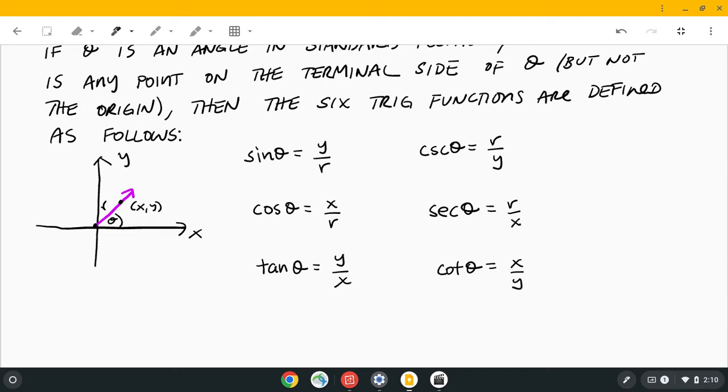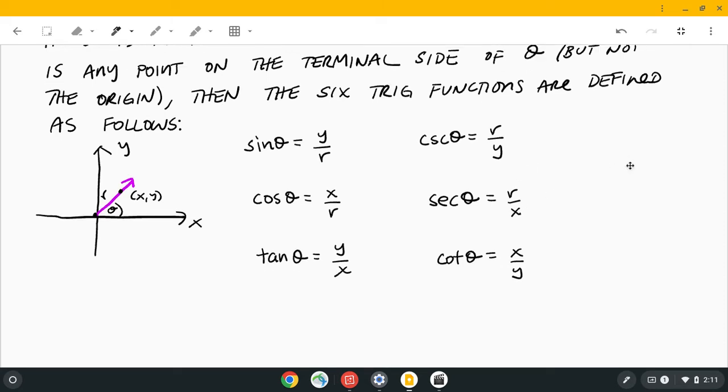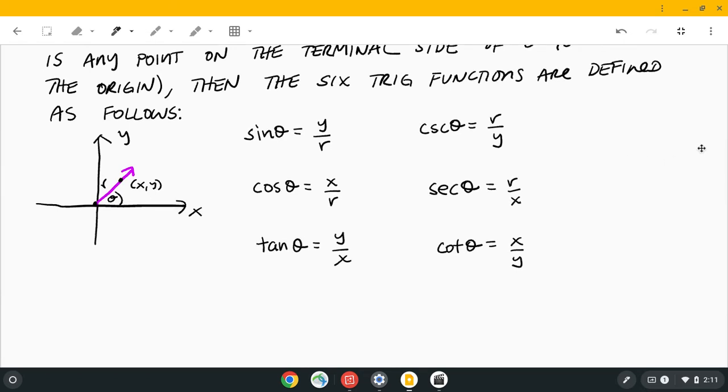Okay, so we see we have all the different combinations here. Like I said, we have y over r, y over x. Okay, we have x over r, x over y. Then we have r over y, r over x. Okay, so these are the six trig functions.